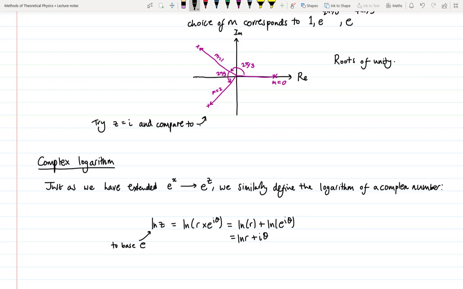But again, we know that theta is only defined up to multiples of 2 pi. So this is also given by ln of r times e to the i theta plus 2n pi, which is ln of r plus i theta plus 2n pi, where n is an integer.